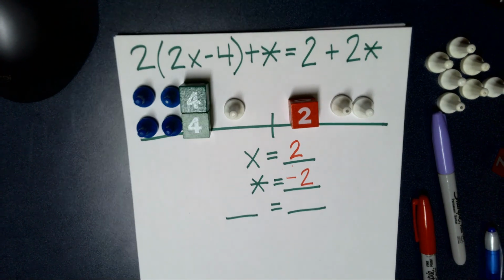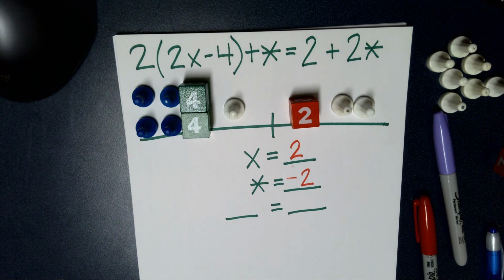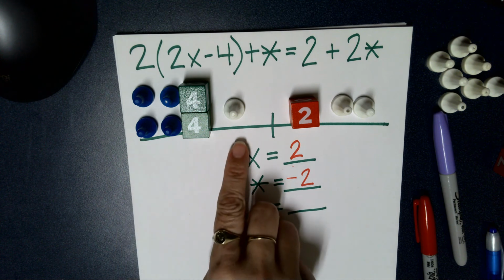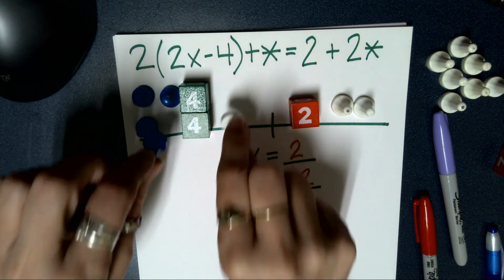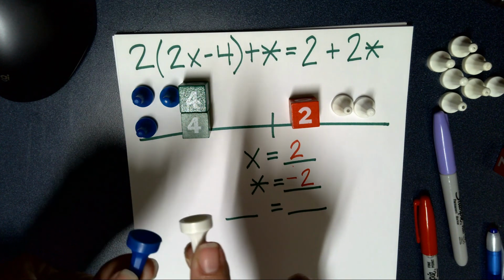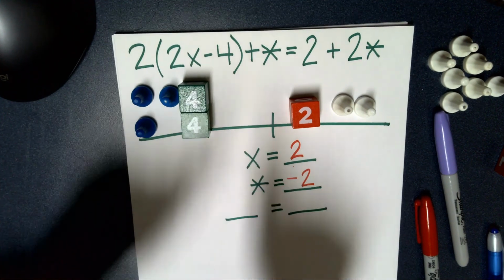So I remember that if we have 0 pairs, we can go ahead and take care of them. Well, I look on the left and I have a pawn and a star, and that creates a 0 pair. So I'll be removing that.